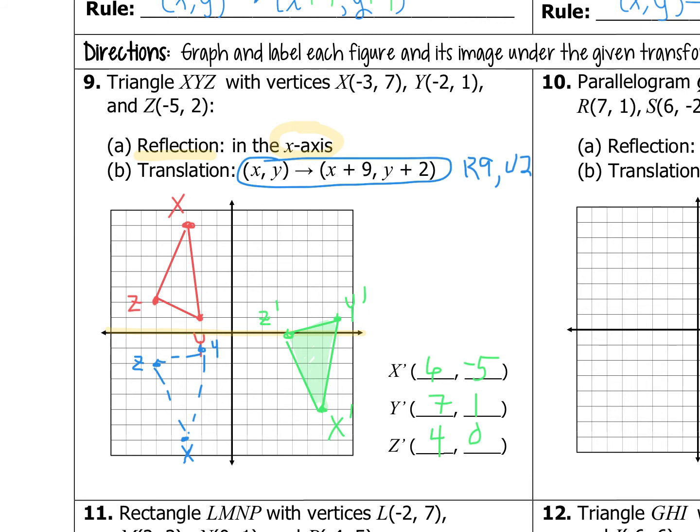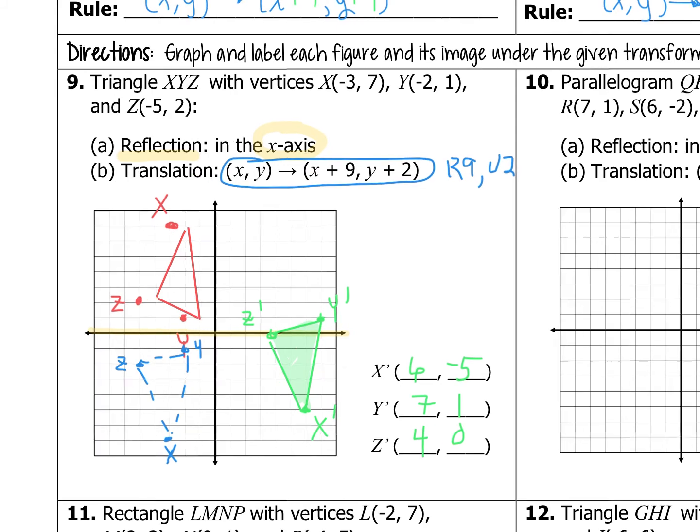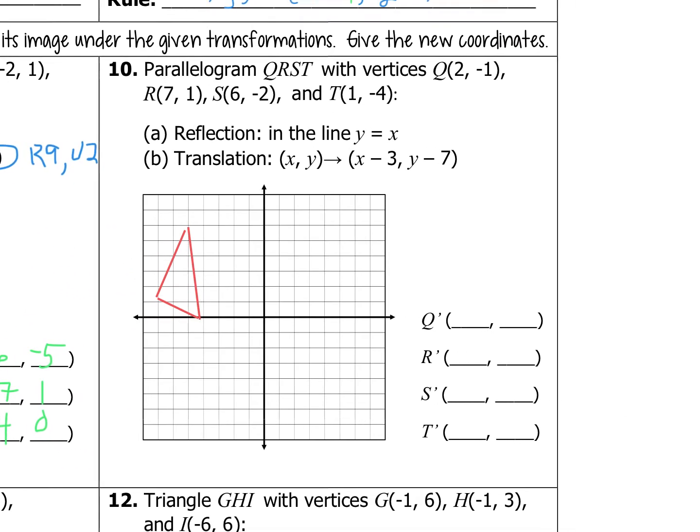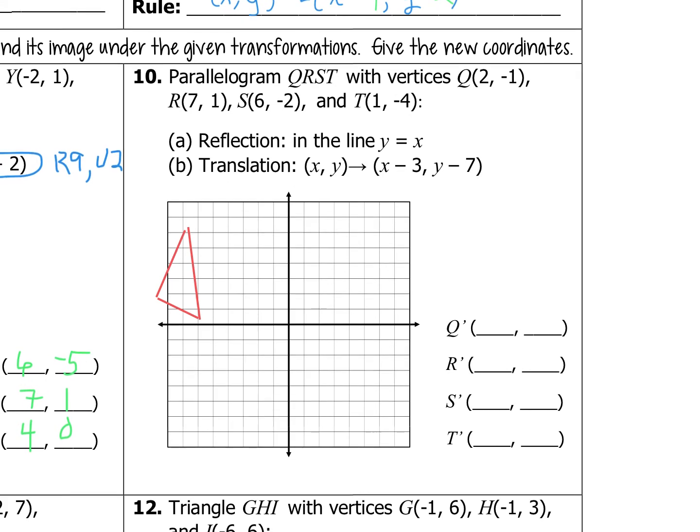Let's do 10 and 12 because they're different. So you can either do 10 on your own and then pause the video and then check, or you can just do it with me, because you might forget how to reflect over y equals x and how to reflect over y equals -3. So let me get rid of my little triangle here.